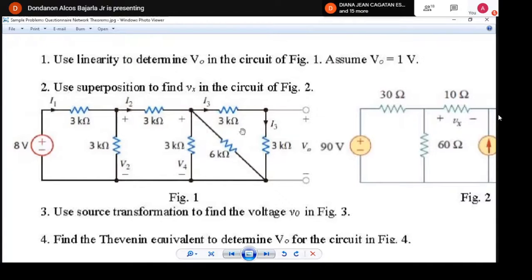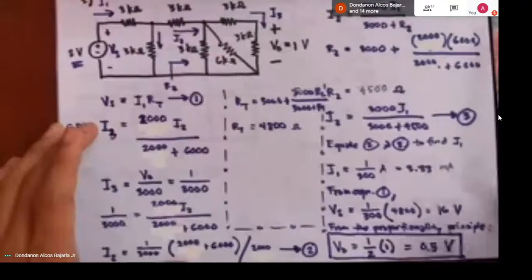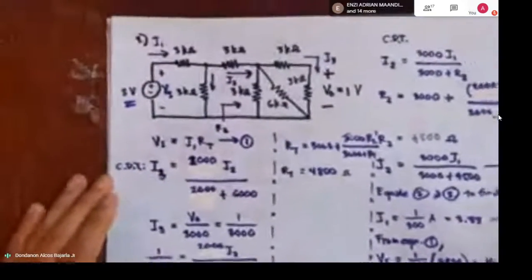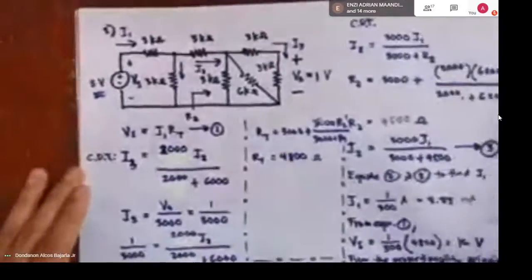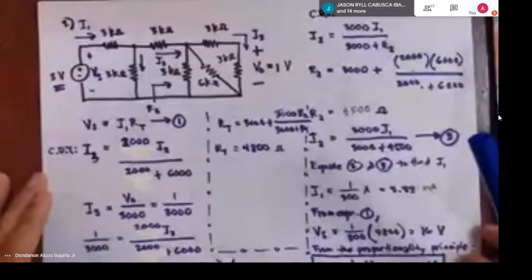Let's proceed with the example. Kindly direct your attention towards this solution.